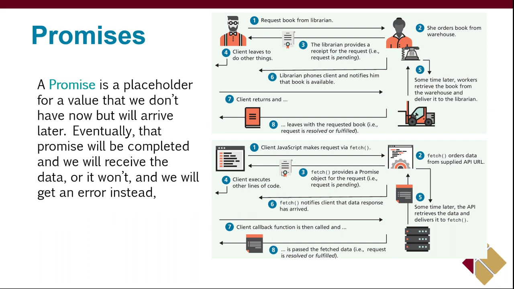The client does other lines of code, and then finally the server's like, oh, hey, here's your data. Fetch then notifies the client that the data is there. The function in your then statement is run and is passed the data, right? So this is your call, the client does other stuff, then we've got a response, and then your data.